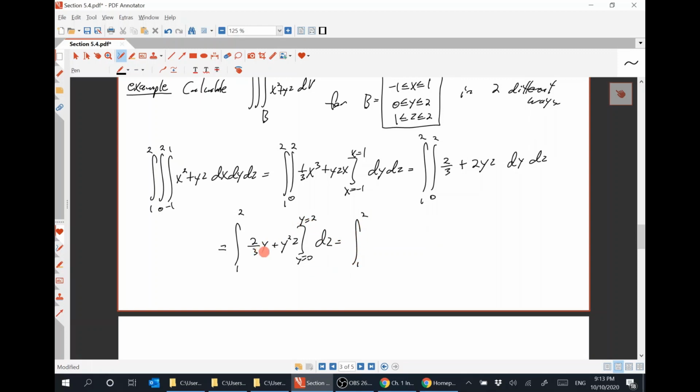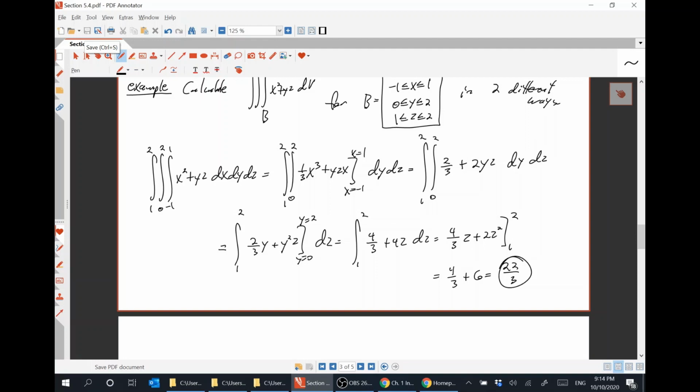So at 2 you get 4/3 minus 0, and then here plus 4z minus 0, dz. So this is 4/3 z plus 2z squared from 1 to 2. So 4/3 times 2 minus 1 is 1, plus 2 times 4 minus 1 is 3, is 6. All right, so I've got 18/3 plus 4/3, 22/3.